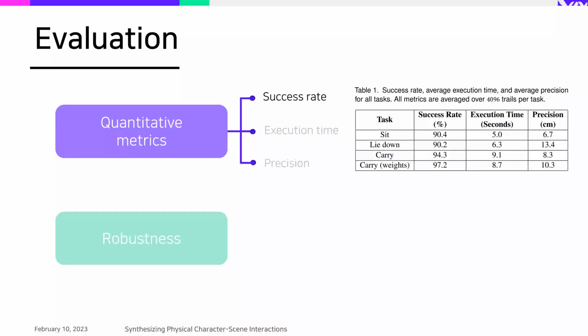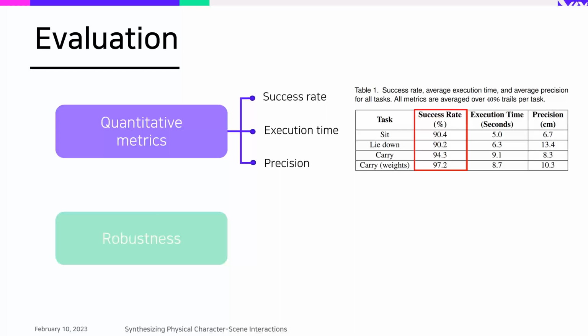For quantitative metrics, they evaluated first the success rate, which records how many times the character successfully completes the task objectives. Second, actuation time, which measures how much time it took to complete the task. And lastly, precision, which measures how far the character ended from the target location of sit, lie, and carry.